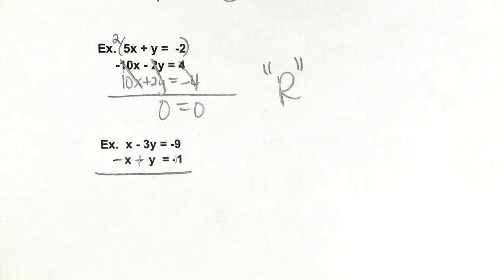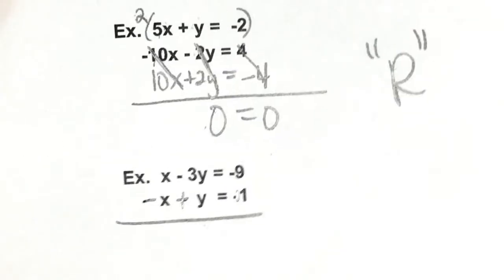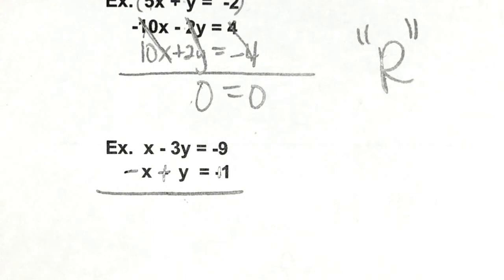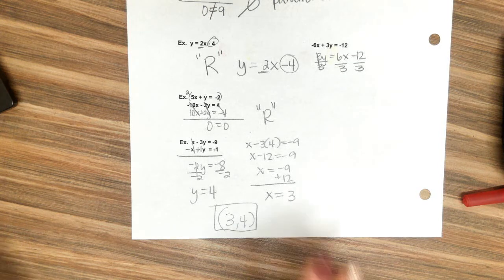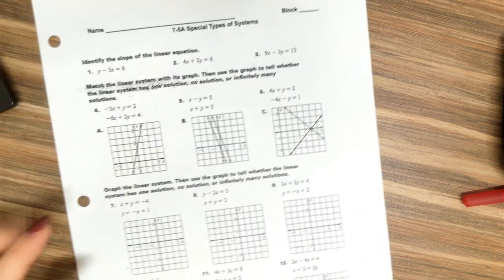Could you do negative 1 on the bottom, or could you do negative 3? Okay, so the last example had a solution. It was 3, 4. Okay, go to your assignment.